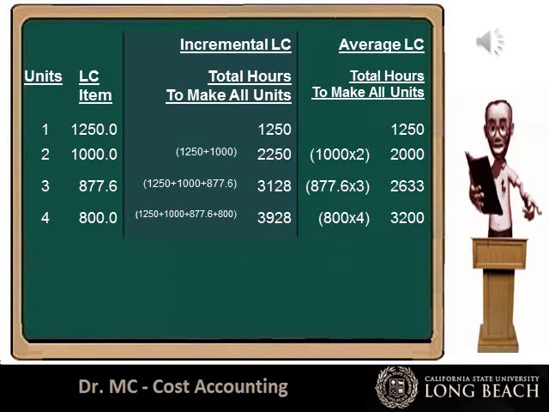The total hours to make 3 units is the average hours per unit if you make 3 units, which is 877.6 hours times the 3 units made. So, the total is 2633 hours. The total hours to make 4 units is the average hours per unit if you make 4 units, which is 800 hours times the 4 units made. So, the total is 3200 hours.